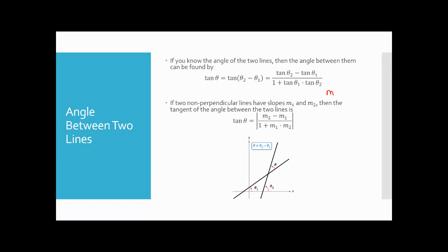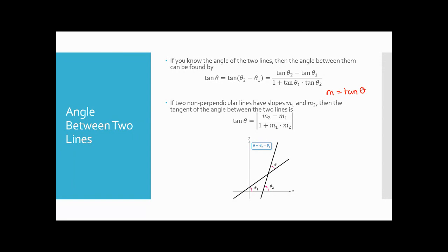Now, if we remember that m is the tangent of theta, you can make it simpler by switching all the tangent of thetas to the slope, because the slope is equal to tangent of theta. So if you know the slopes of the lines, which is more common, then you can find the angle between them by tangent of theta equals the absolute value of (m2 minus m1) over (1 plus m1 times m2).